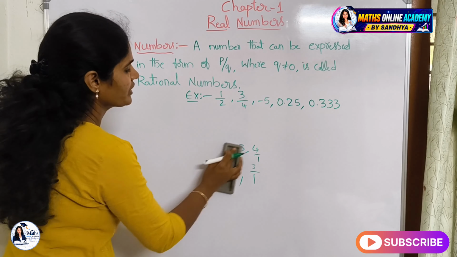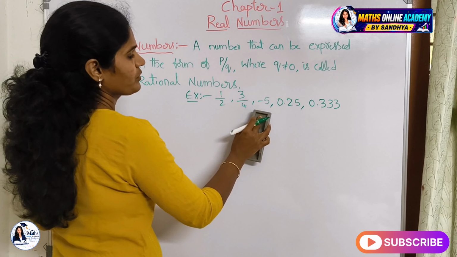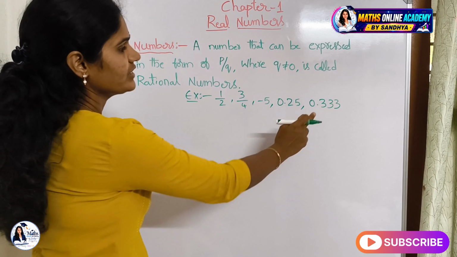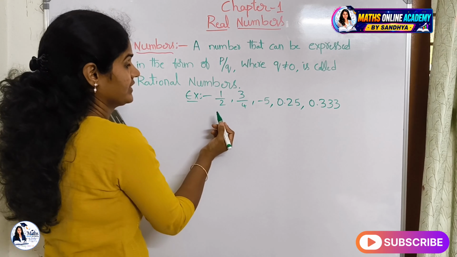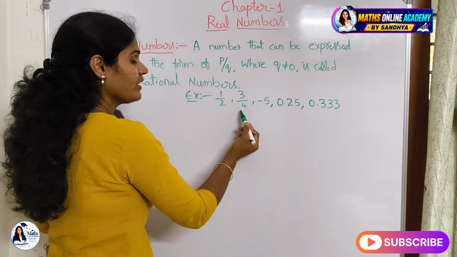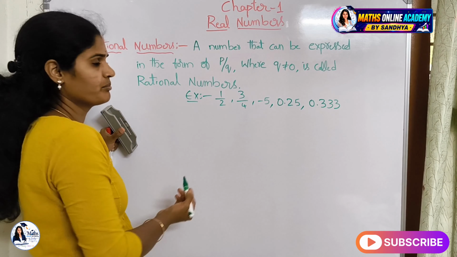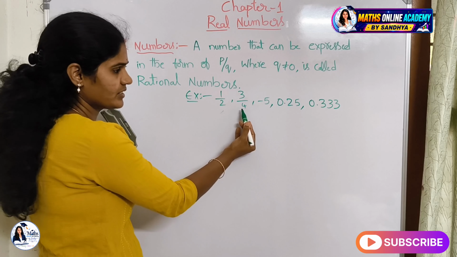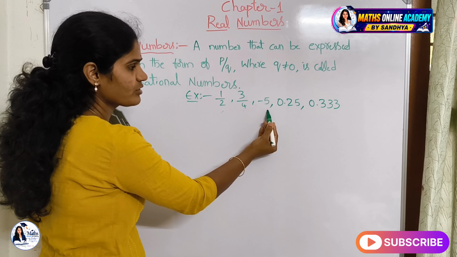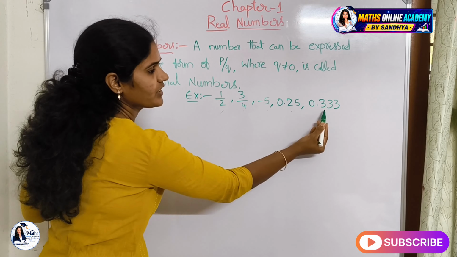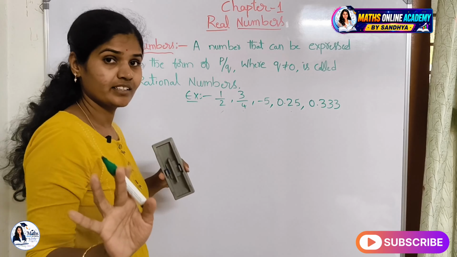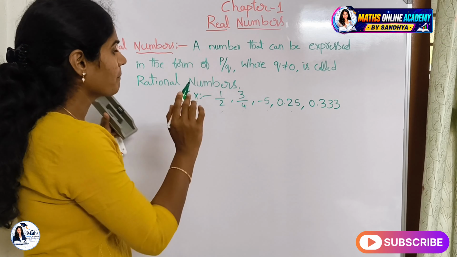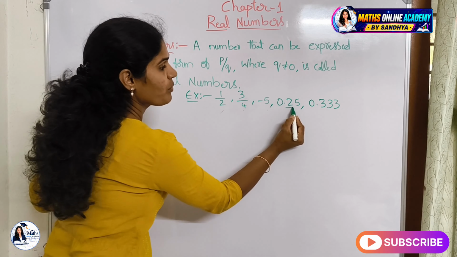Examples are 1 by 2, 3 by 4, minus 5, 0.25 and 0.333. Here these are all rational numbers, but they are all different, because rational numbers differ based on their decimal points.